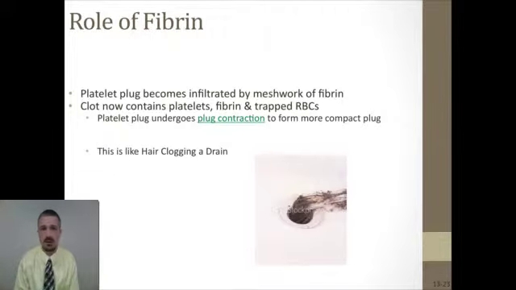Really, the way fibrin works is it lays over the openings in this blood vessel just like hairs do in a drain, and sooner or later that's going to stop or completely slow down the flow of blood going through it. Then as you can see here, the platelet plug does contract a little bit and make a more compact plug and seal off that hole.